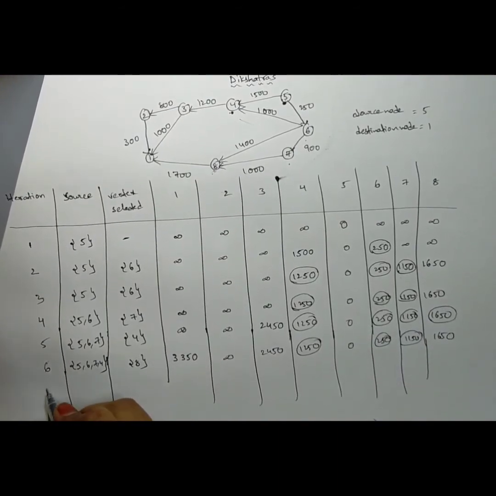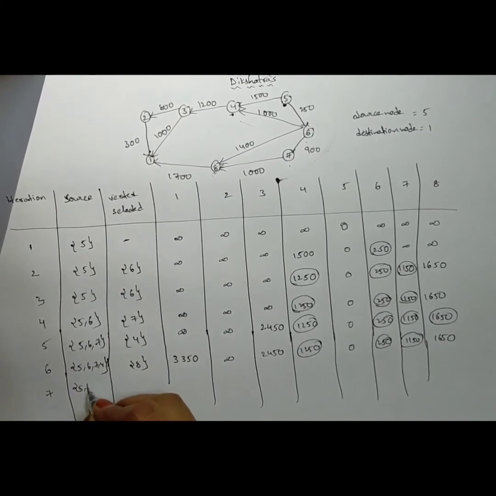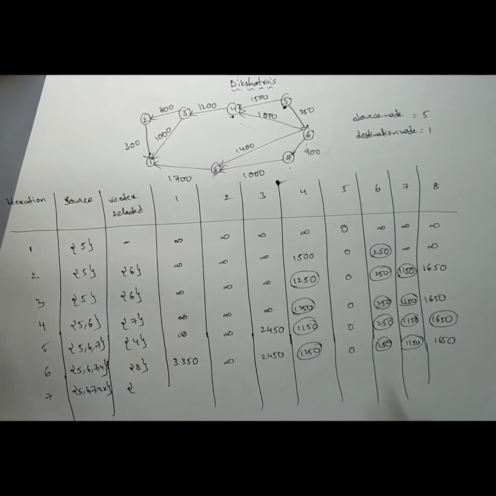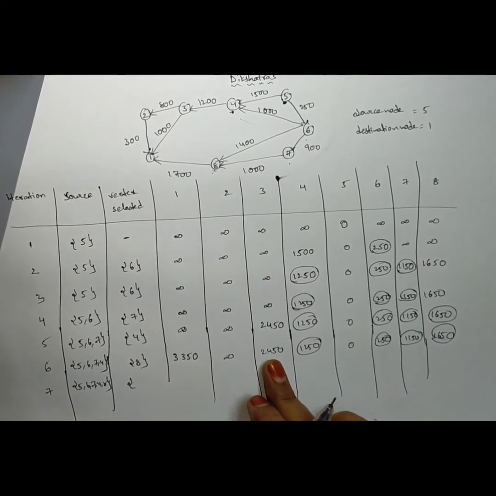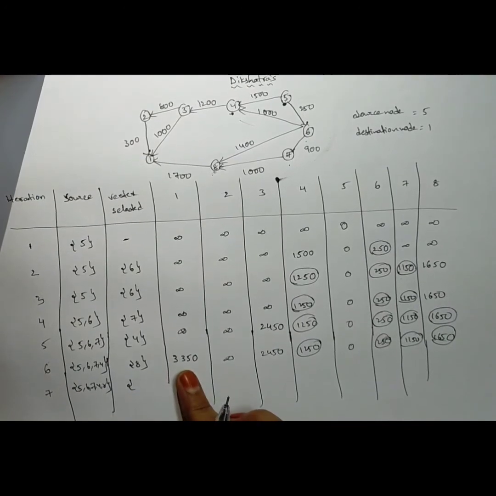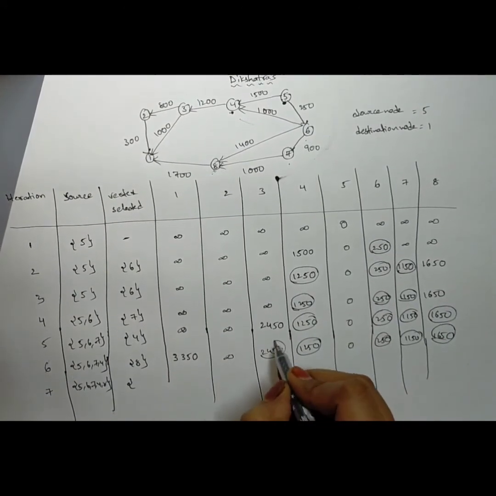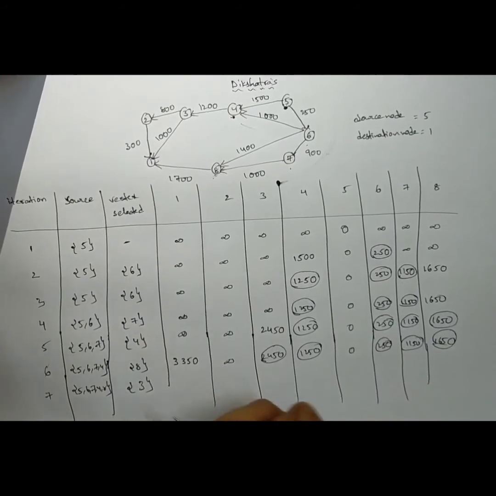Now coming to the seventh iteration. We need to choose the smallest value from 2450 and 3350. In these two values the smallest value is 2450, so I am selecting the vertex 3.